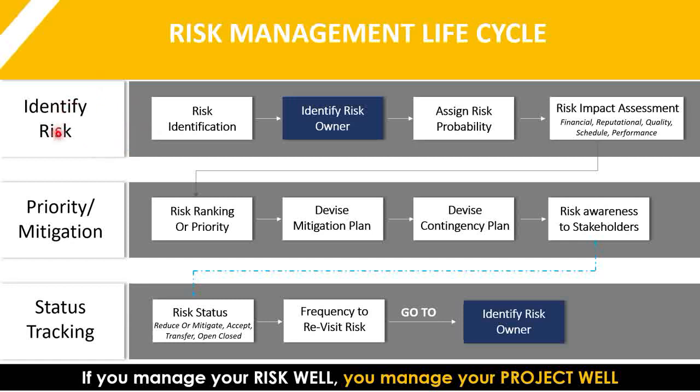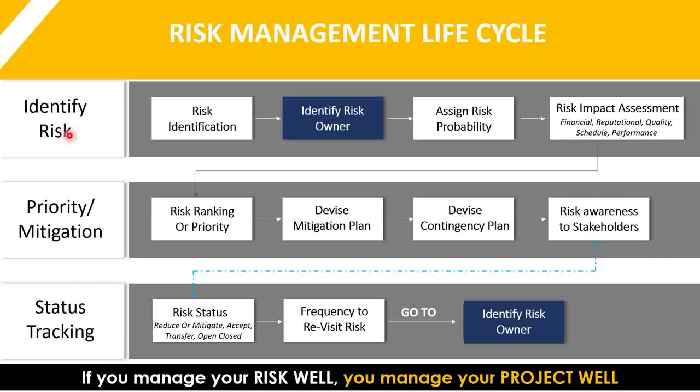So let's start with identifying the risk. As a project manager or a program manager, this is a very critical aspect: how do you identify each and every single risk in a project? For that, you have to have good coordination and collaboration with your development team, the product team, any third-party vendors, support group, operations team, DevOps team.